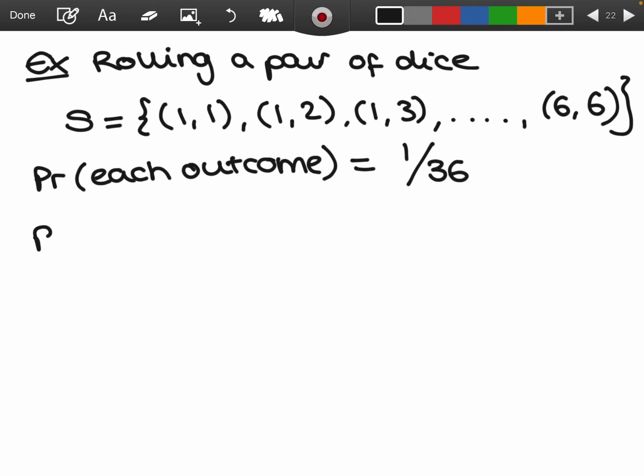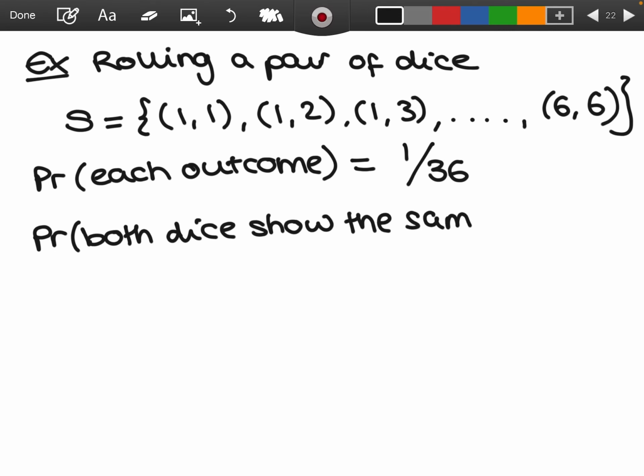Okay. Let's look at the probability that both dice show the same number. Okay. So that's the probability that we get a 1 and a 1, a 2 and a 2, a 3 and a 3, etc., up to a 6 and a 6. The probability of throwing a 1 and a 1 is 1 over 36.